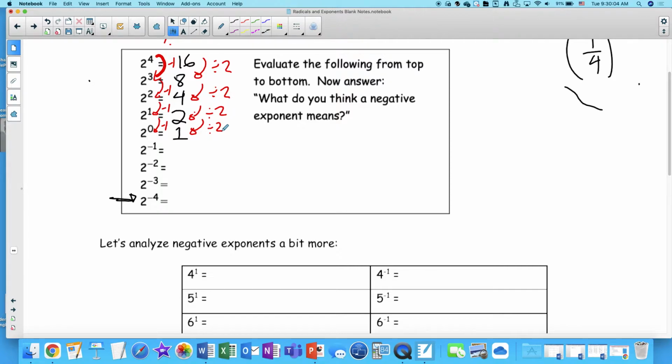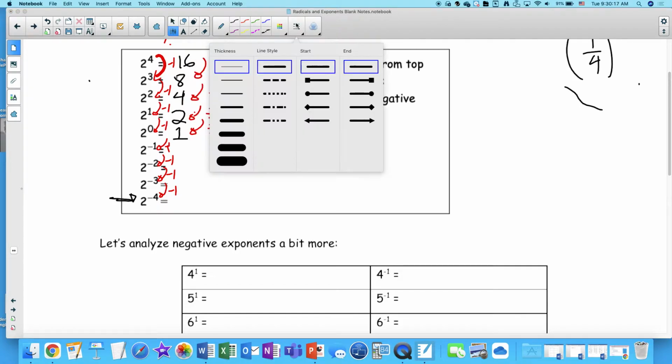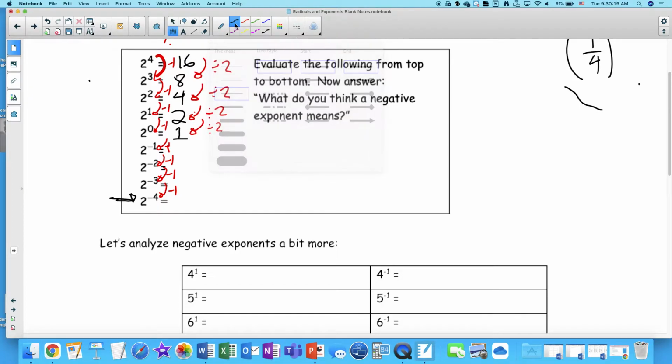If we continue this, -1, -1, -1. Okay, what do you think is going to happen to these values on the right? What do you think the next one's going to be? Yep. The next one is 0.5. That's the value. Can you write that as a fraction? 1/2, yeah. So this guy is 1/2.